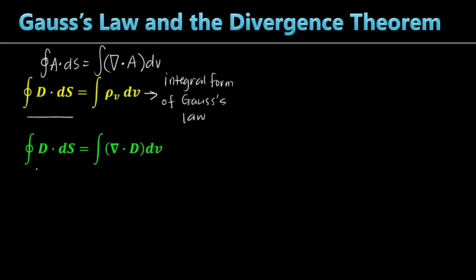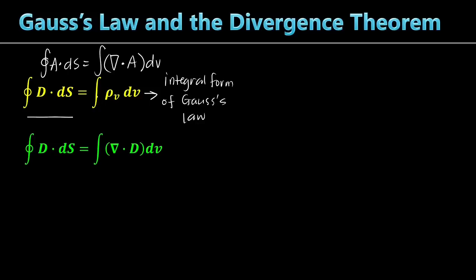Ayan. So, upon the direct application of the divergence theorem to Gauss's law, we get this expression. The closed surface integral of D is equal to the volume integral of the divergence of D. Now, itong left-hand side na ito equal sila. That means that their right-hand sides must also be equal, right?